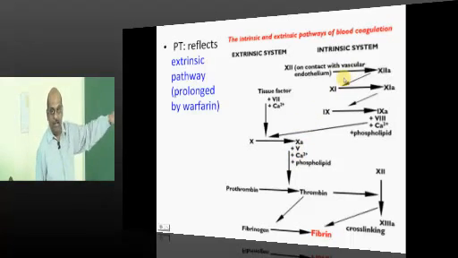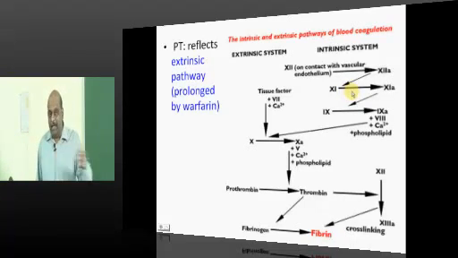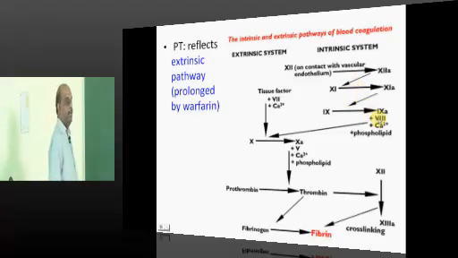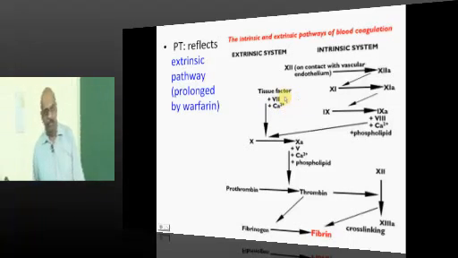So that is the reason the patient will not be clinically bleeding, but he will have a prolongation of APTT. So to summarize, doctor: factor 7 deficiency prolongs PT; 2, 5, 10 will prolong PT and APTT with clinical bleeding.